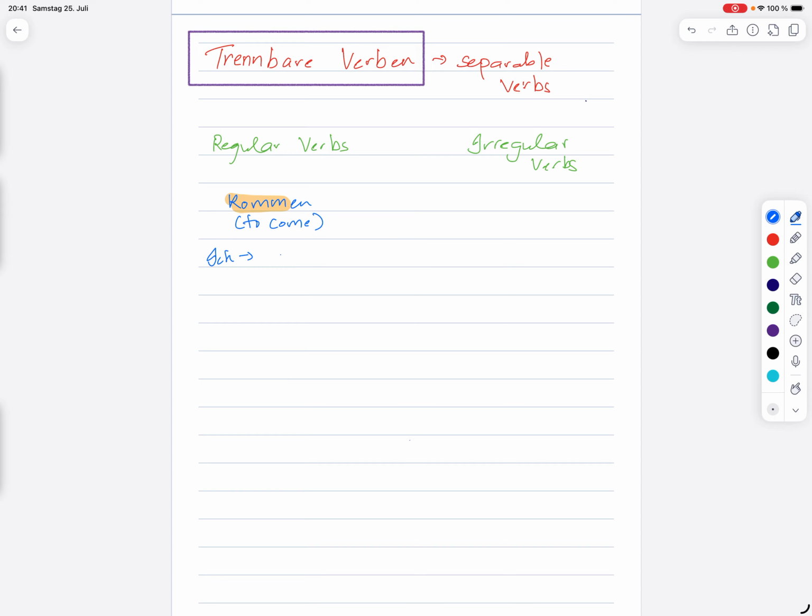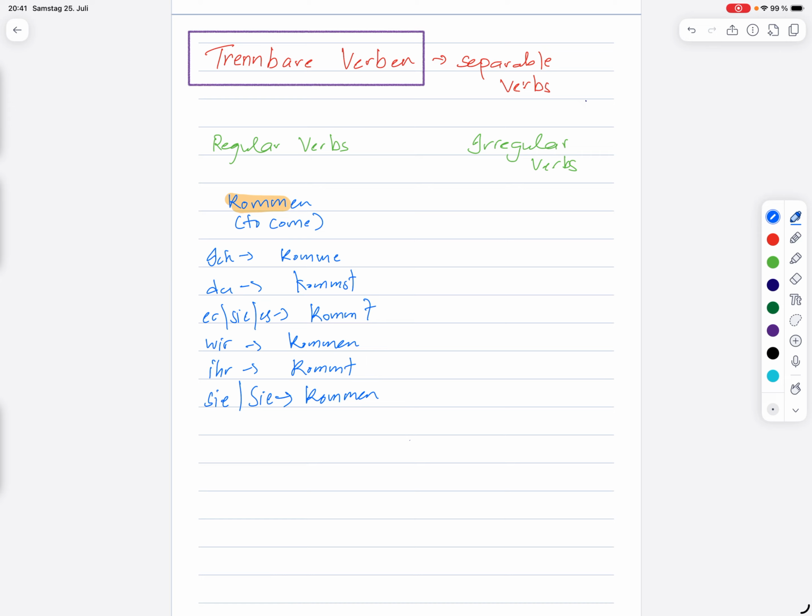ich komme, du kommst, er, sie, es kommt, wir kommen, ihr kommt, and then sie kommen, right?